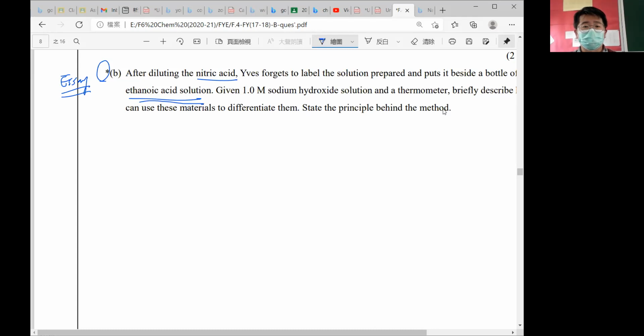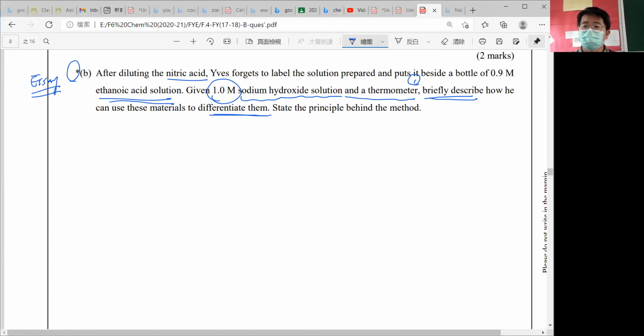So you will differentiate that by using 0.10 molar sodium hydroxide solution and a thermometer. Think of the experimental step, briefly describe how. Now you will see the words briefly describe how. So which means you are going to give me experimental steps, the procedures, and second, state the principle. Can you get what I mean?